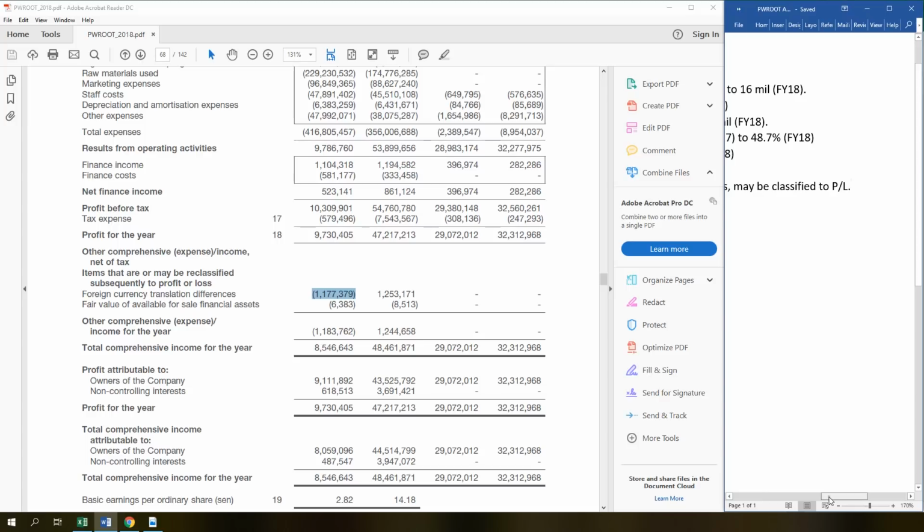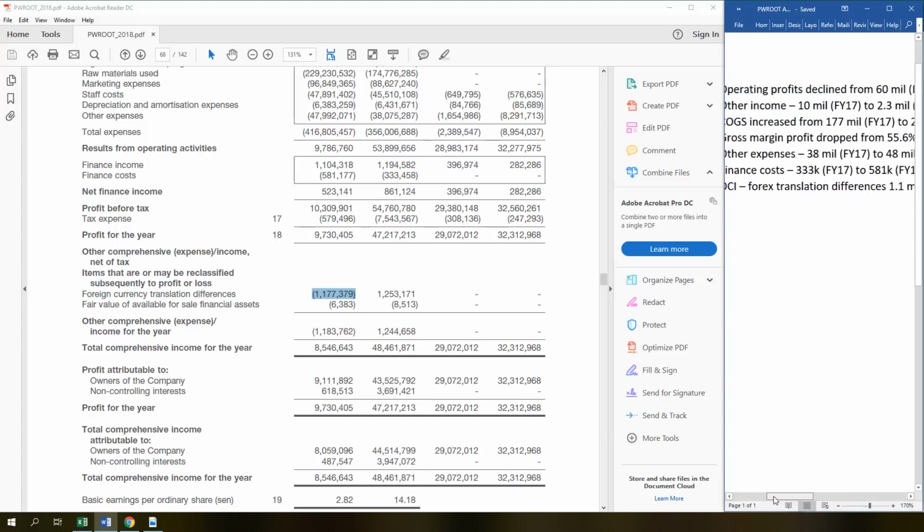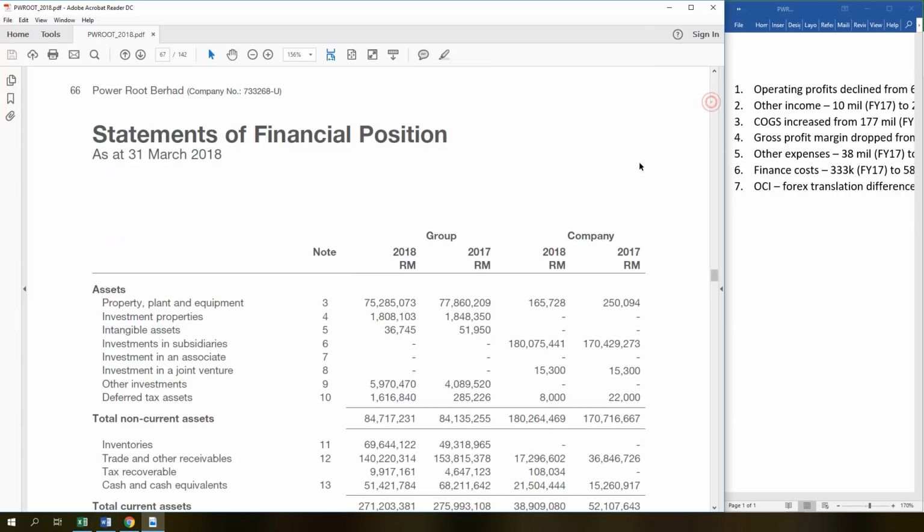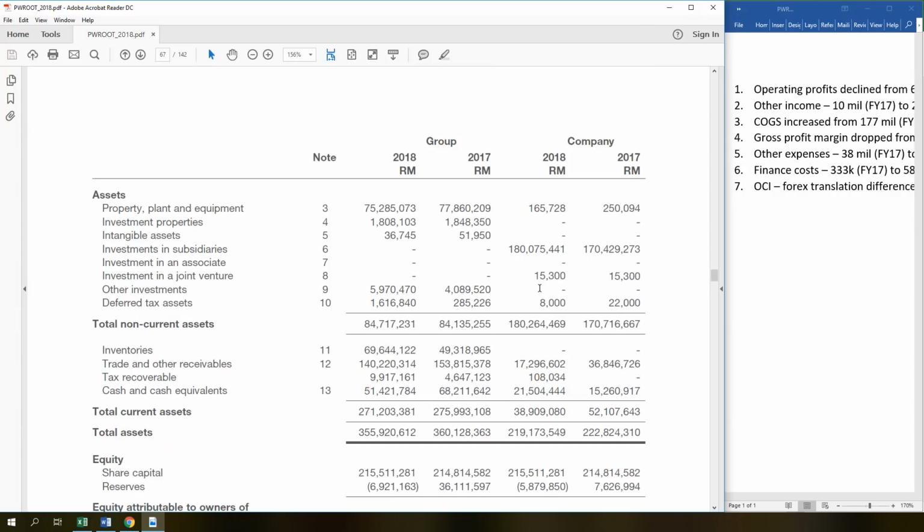Alright, we just finished the income statement. Yeah, I made a small mistake. Should be gross profit margin. Now we read the balance sheet.